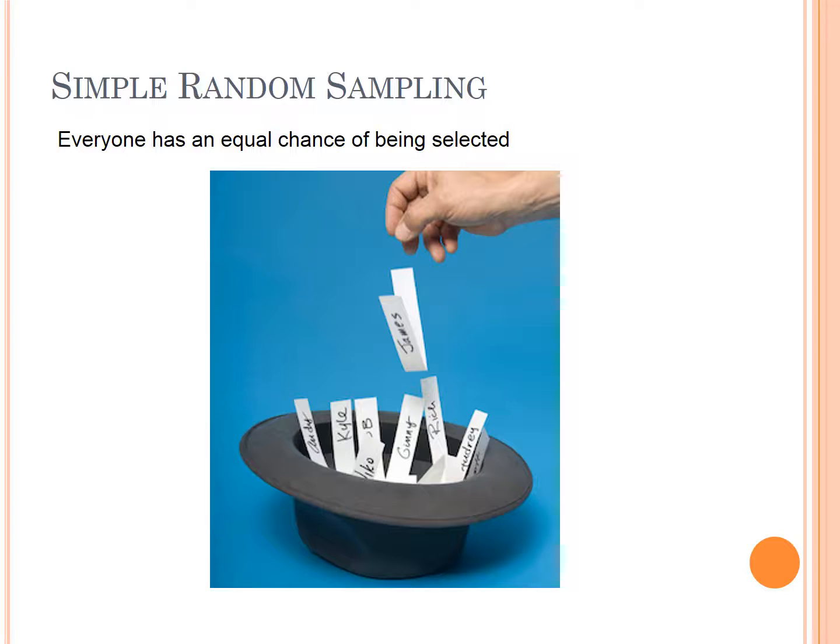Because as you can imagine, using a hat, whatever name happens to be put in last, and so forth, there might be a number of factors that might prevent people from having a truly equal chance of being selected. But now there are a number of websites, such as random.org, that you can go to that can find as close to true random selection as possible.